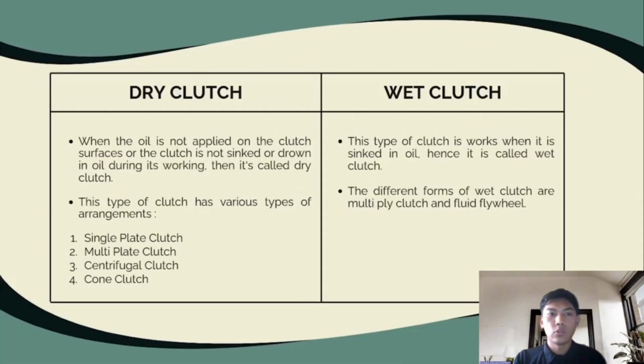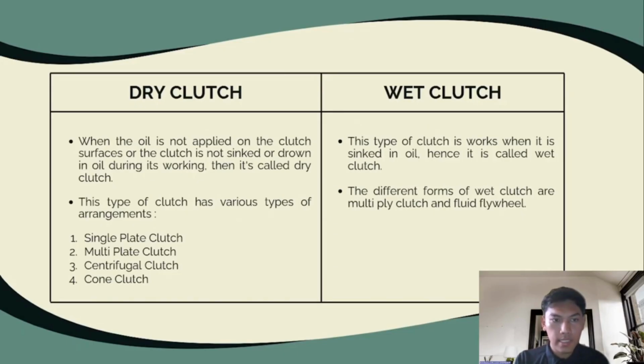Okay, next we go to dry clutch and wet clutch. Dry clutch definition: when oil is not applied on the clutch surface, or the clutch is not soaked or thrown in oil during its working, then it's called dry clutch. This type of clutch has various types of arrangement.